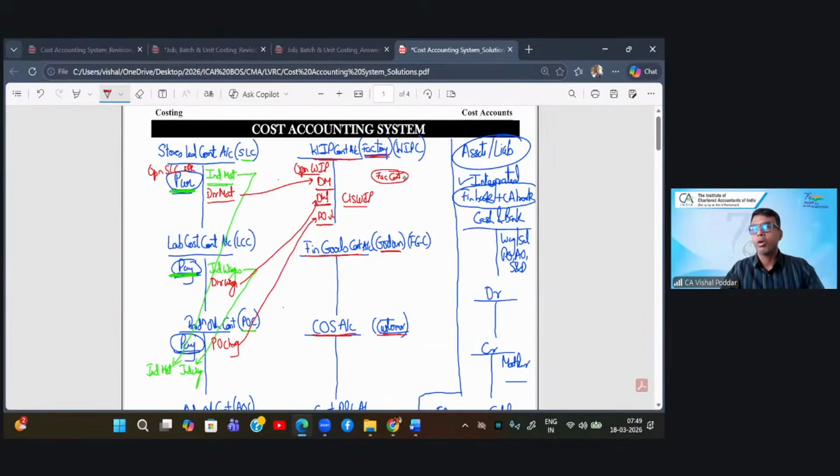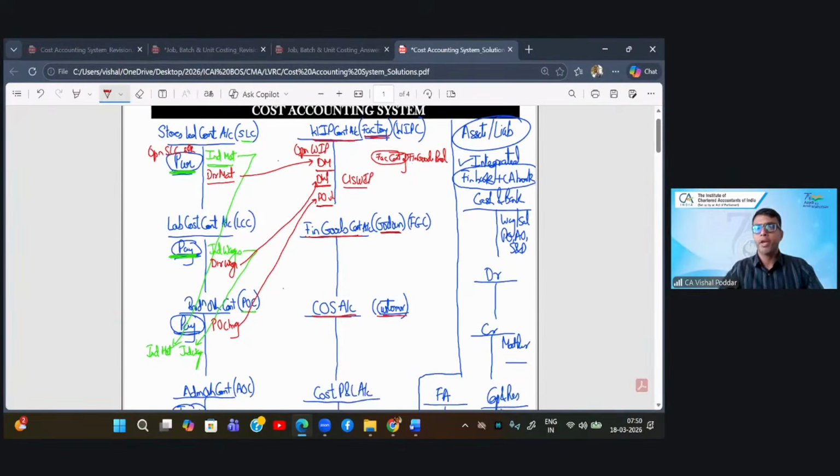Factory cost of what? Of your finished goods produced. So whatever goods are produced during this particular period, that is the balancing figure. Now, where do finished goods produced go? So finished goods produced will come here. In the question, if they are giving finished goods produced or simply finished goods during the month or period, you should know that production is complete.